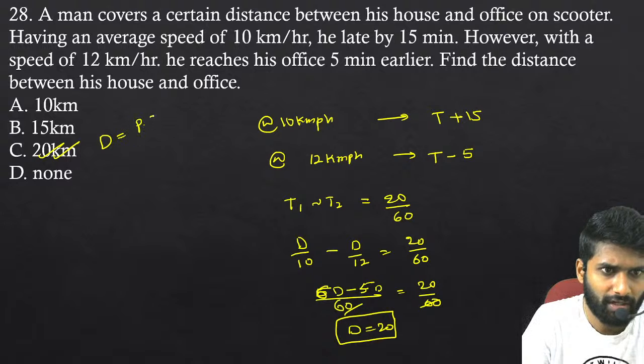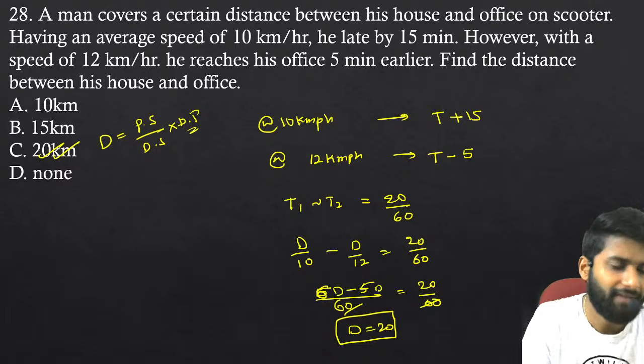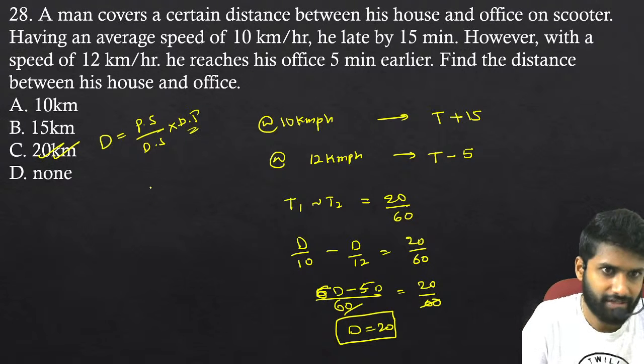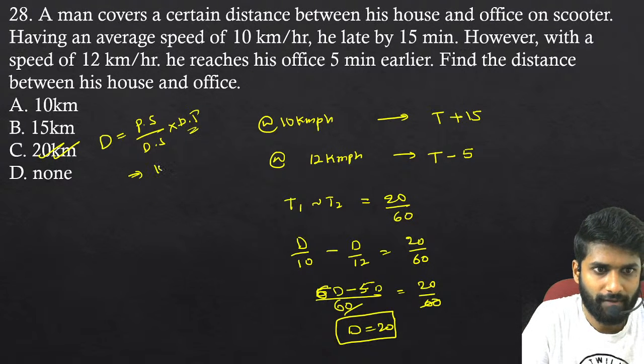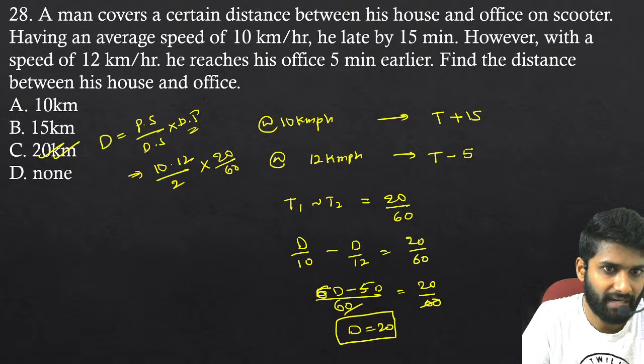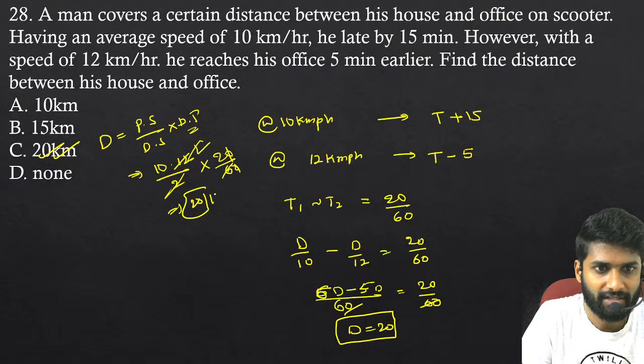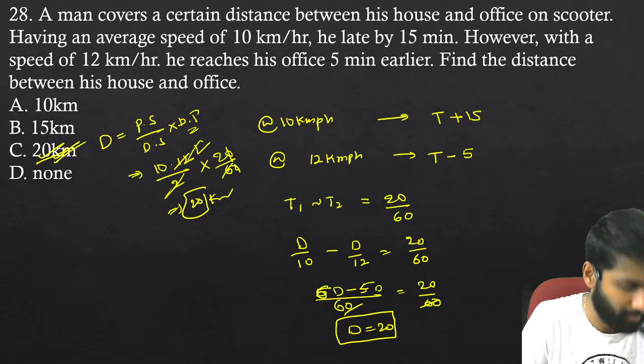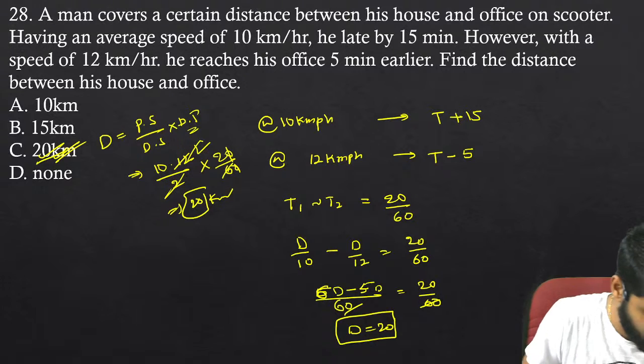Distance is equal to the product of speeds by the difference of speeds into the difference of timing. I will tell you the other procedure also. Product of speeds means 10 into 12, by the difference of speeds, which is 2, into the difference of timings, which is 20 minutes converted into hours. That is the most important part here. So 6 1 is 6, 6 2 is 2, 2 cancels, 2 into 10 becomes 20 kilometers. You can calculate it, no problem, based on the previous approach also.